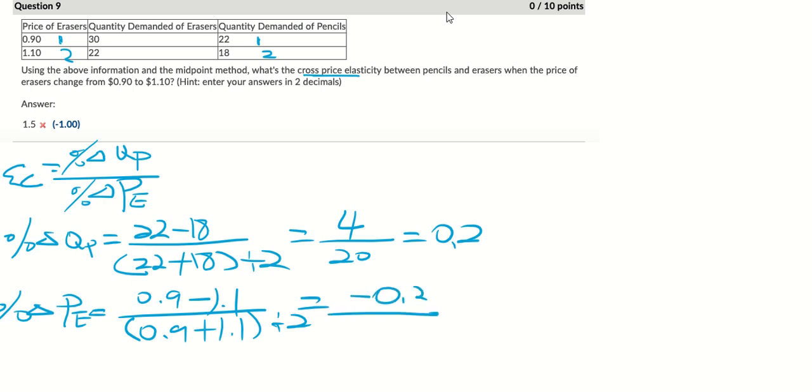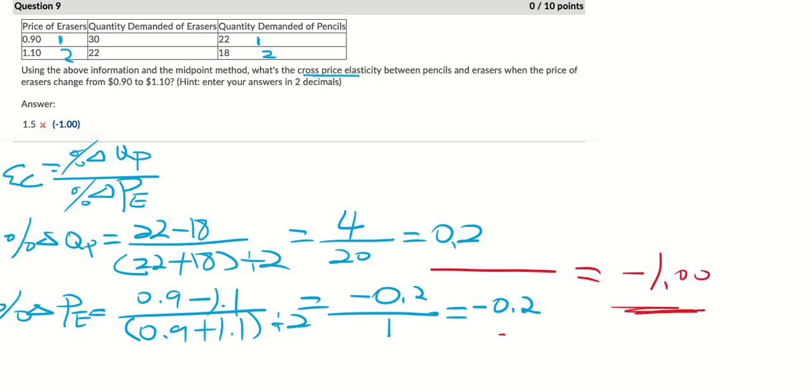At the bottom, 0.9 plus 1.1 is 2, divided by 2 is 1, so this is just negative 0.2. And then the final step, we take our quantity change divided by the price change. So 0.2 divided by negative 0.2, and the answer is negative 1, or negative 1.00. And again, we want to keep the sign, so that's the answer.